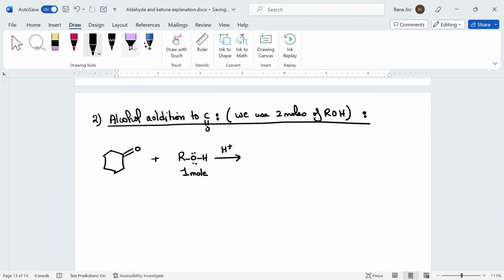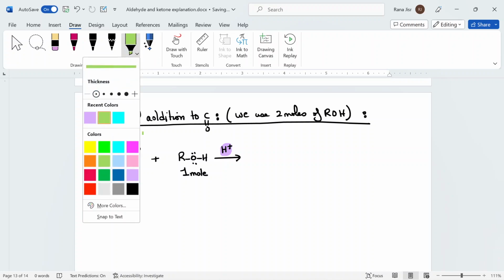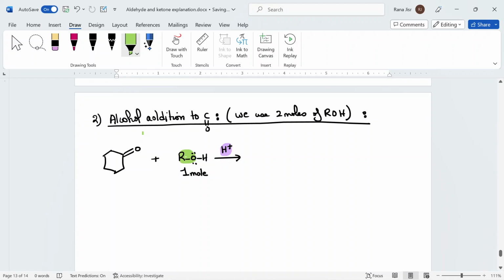So adding the first mole of the alcohol, the first step is going to be the protonation. Remember what I said, if you're using a neutral oxygen nucleophile, then your first step is always going to be the protonation of the oxygen of the carbonyl in there. So I am adding a hydrogen to the oxygen, and I am adding an OR from the alcohol to the carbonyl.